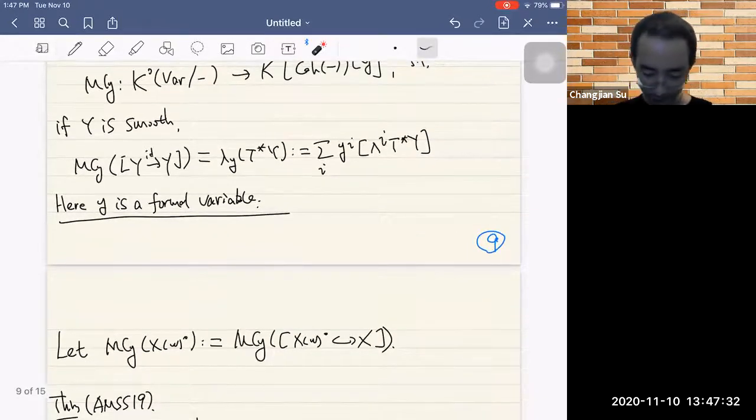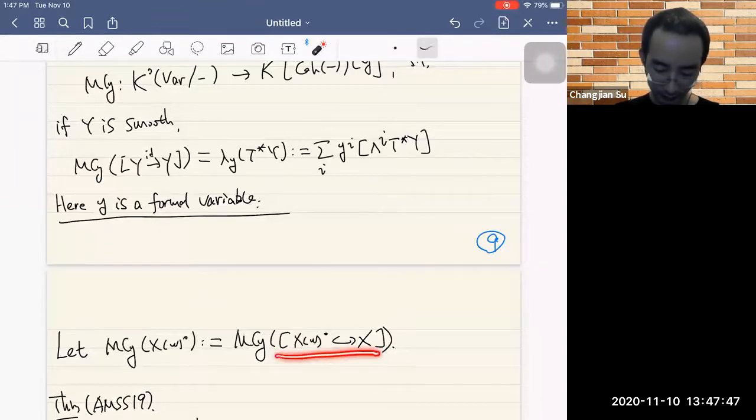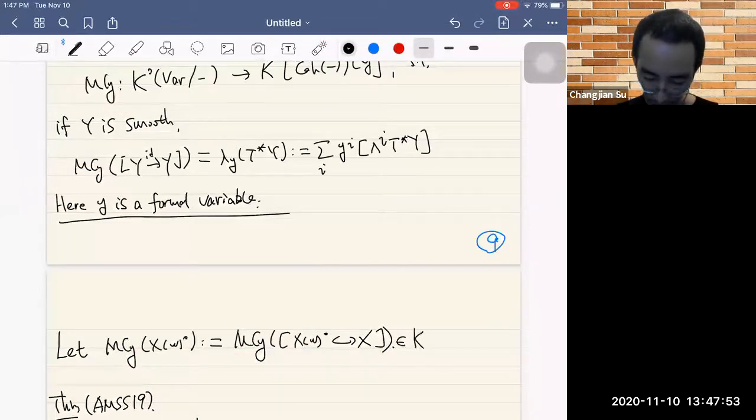Okay, so then let's restrict to the flag variety case. We can see the Schubert cell embeds into this flag variety, and then we apply this natural transformation. This will give you some K-theory class on the flag variety.